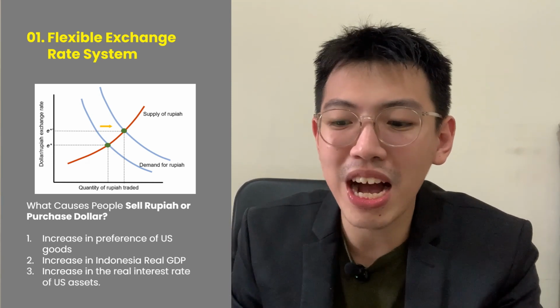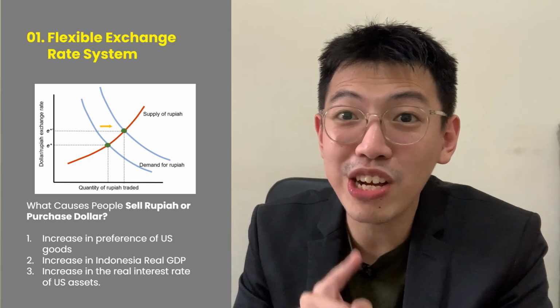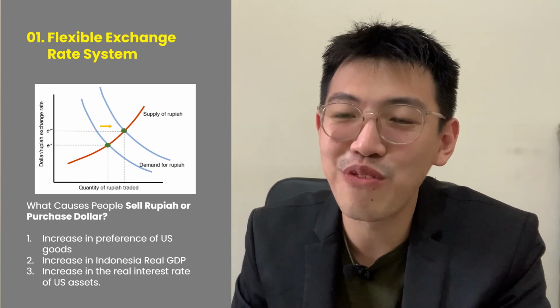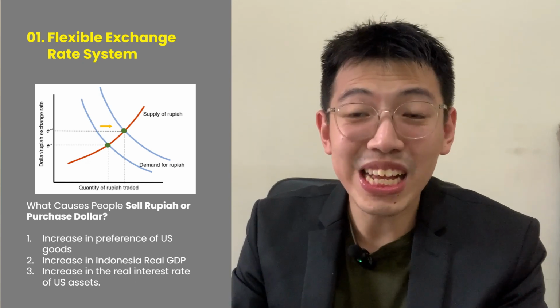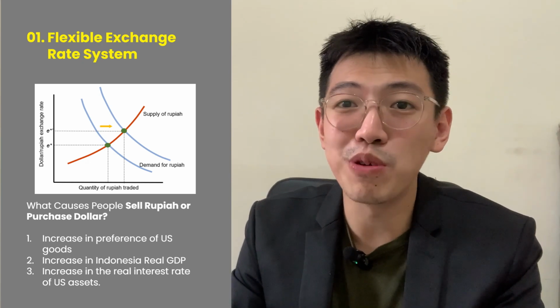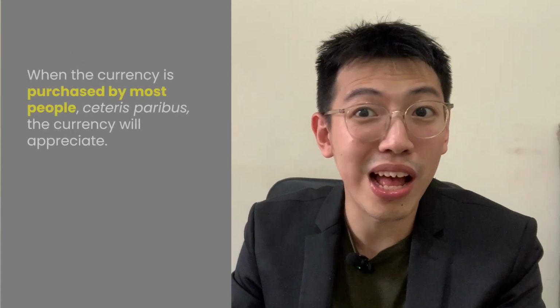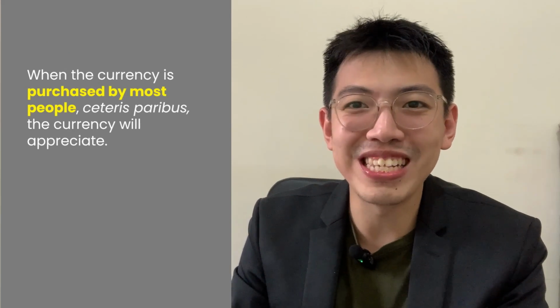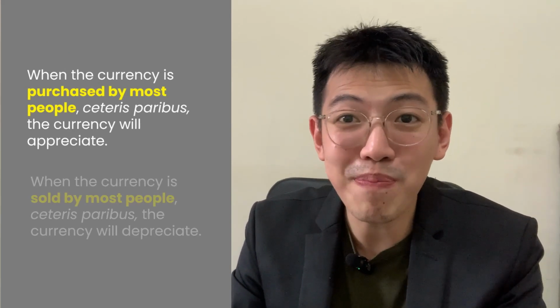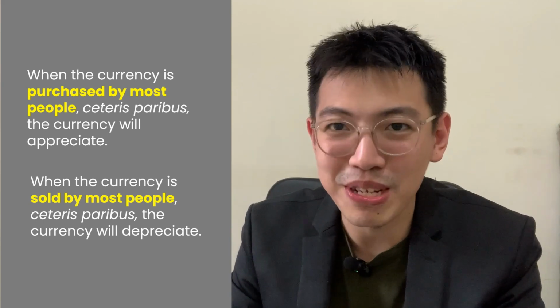When people buy dollar, it will shift the demand curve to the right and dollar will appreciate. The key takeaway here, when the currency is purchased by most people, it will appreciate. If the currency is sold by most of the people, the currency will depreciate.